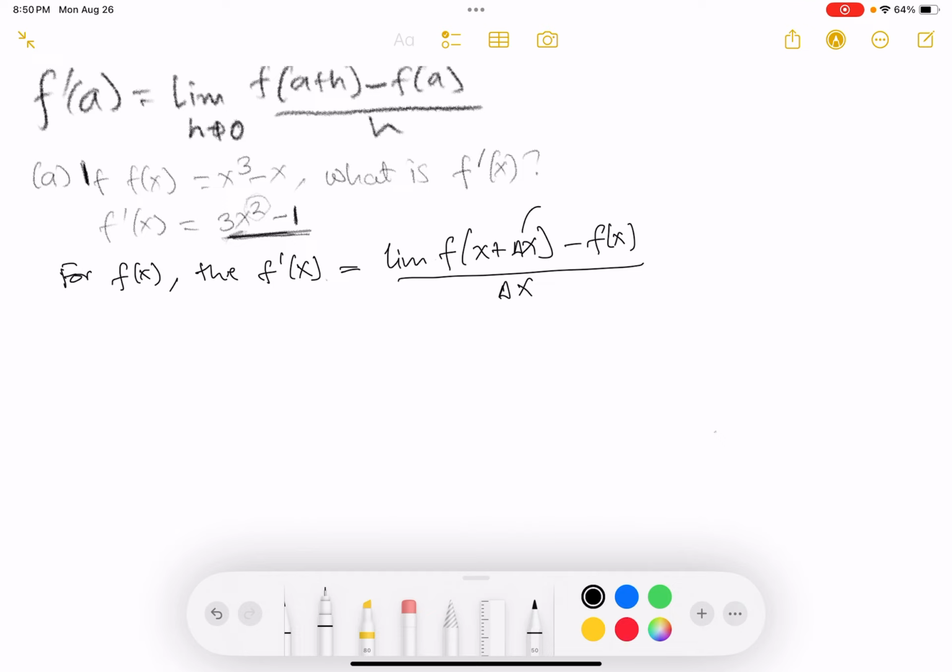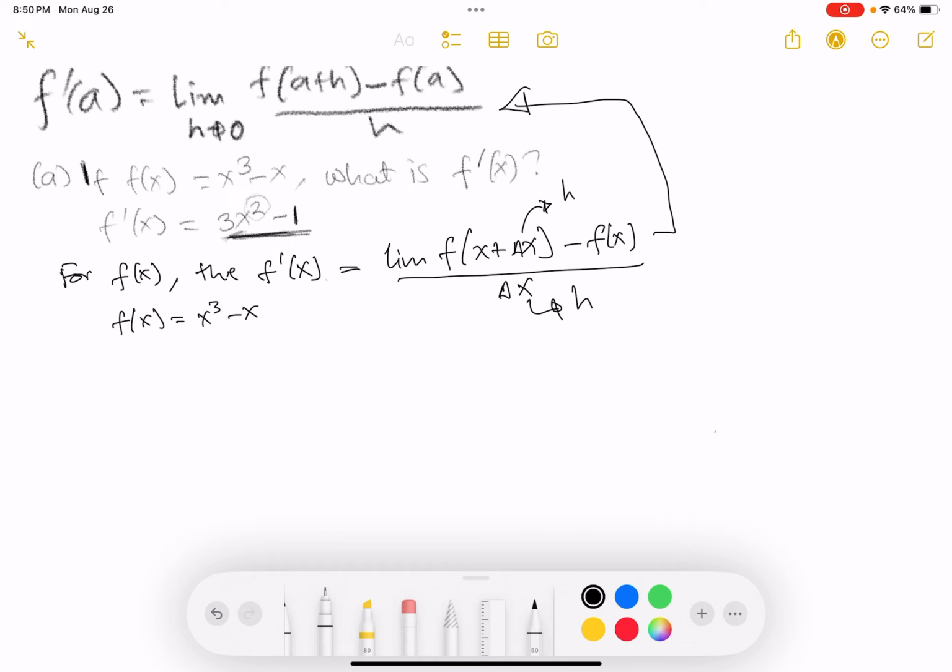Now this small change in the variable is what they typically represent as h. So going back to that expression that we have earlier, in our case we have f(x) is equal to x cubed minus x.